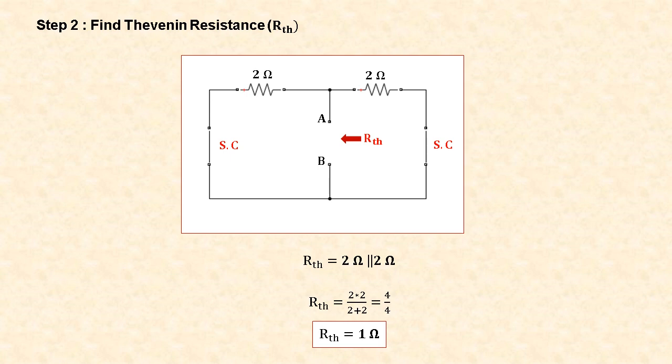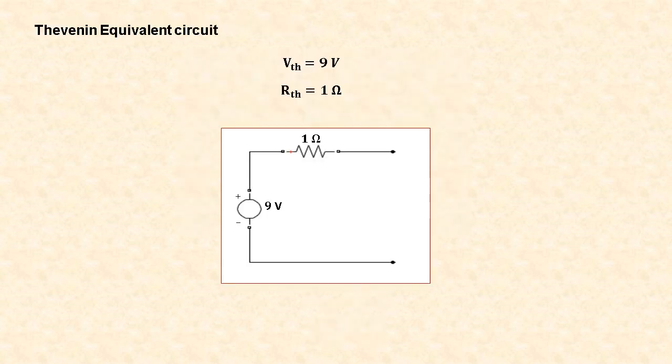So we will get RTH equal to 1 ohm. As we know, if two resistors of equal values are in parallel, the equivalent resistance will be half of that. So here we have 1 ohm. Now we know the Thevenin voltage is equal to 9 volt and Thevenin resistance is equal to 1 ohm. So the Thevenin's equivalent circuit will be 9 volt in series with 1 ohm.